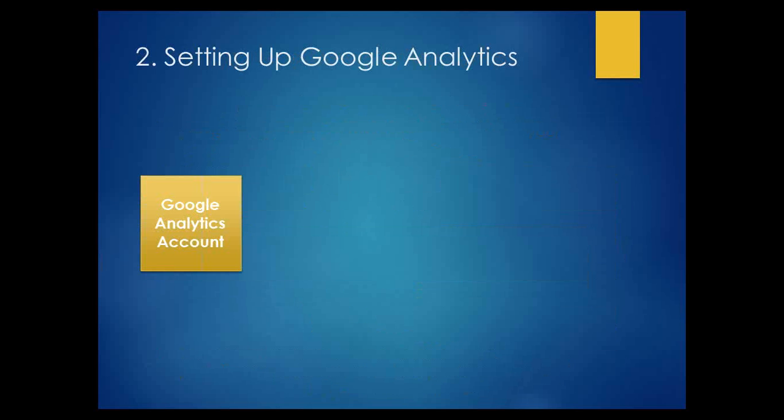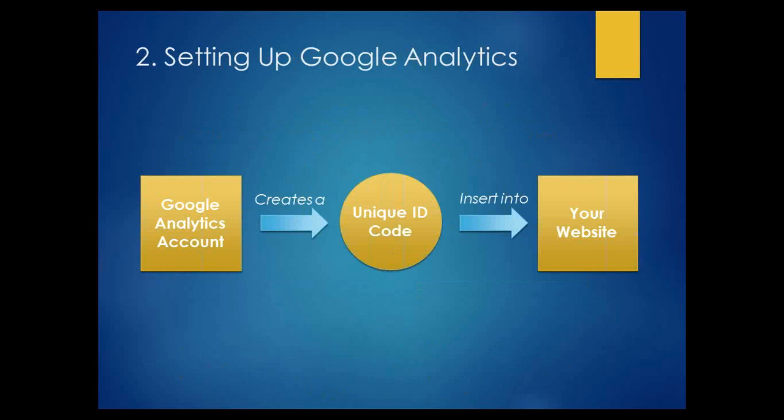And this is something that you set up, you sign up for with your Google account or your Gmail account. And once you create your Google Analytics account, you will get a unique ID code. And so this unique ID code is something that is specific to your Google Analytics account. What you do with this unique ID code is you insert it into your website, right?